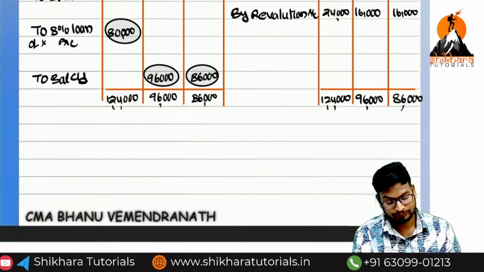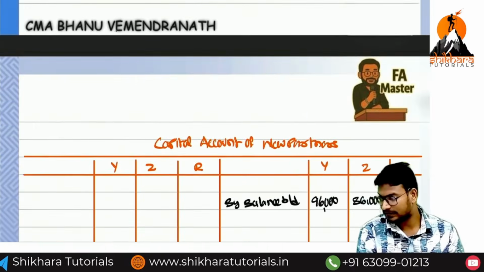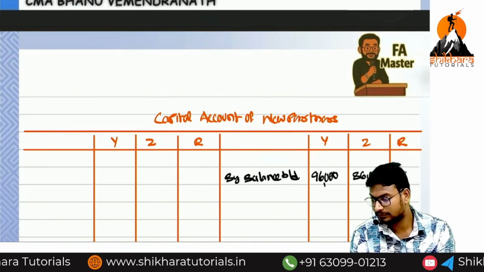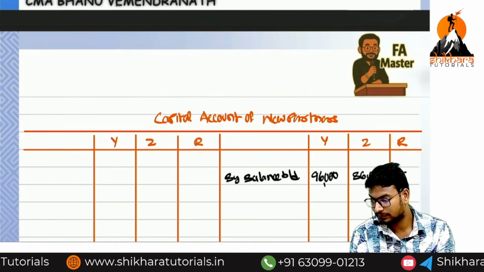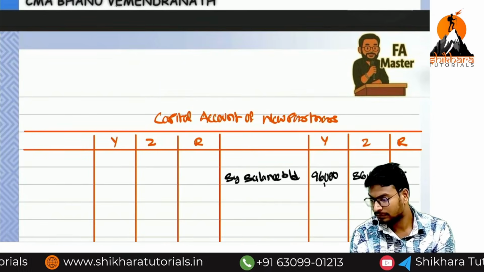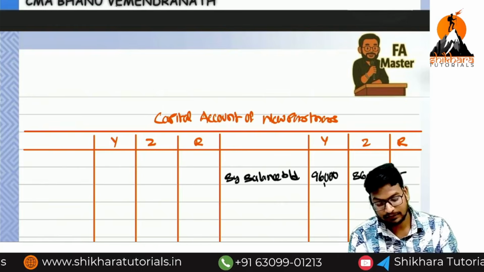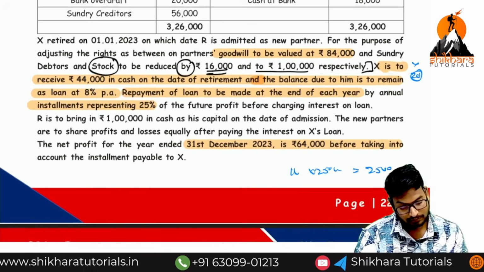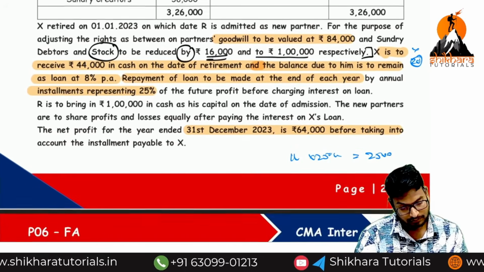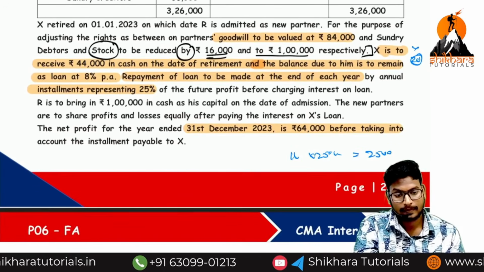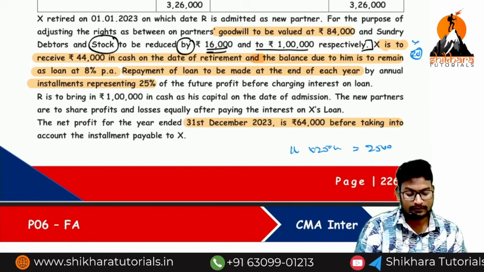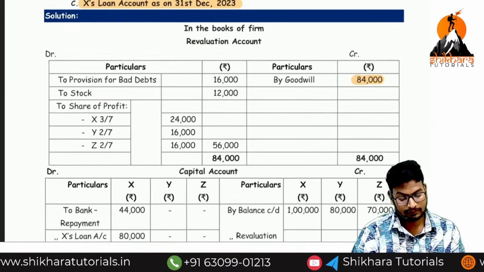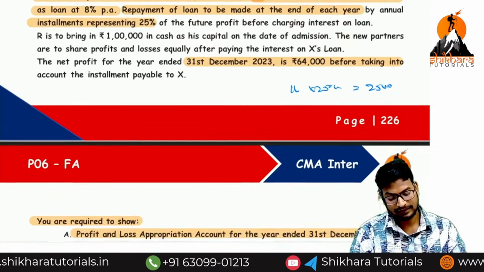Huh? Is there any repayment given? Further 16,000 like. Okay, guys. So on how much amount are we going to repay? 25% is 20,000.